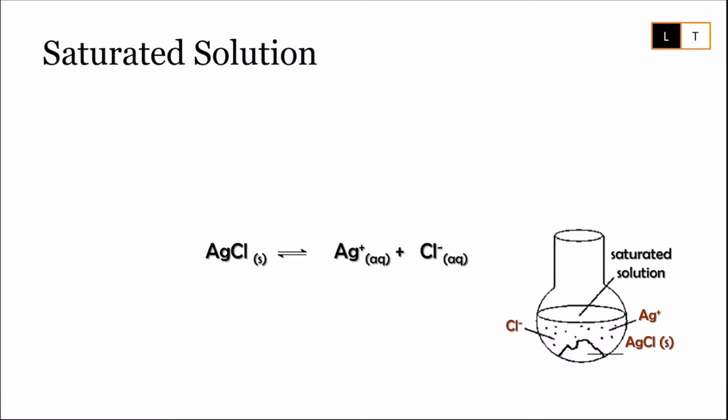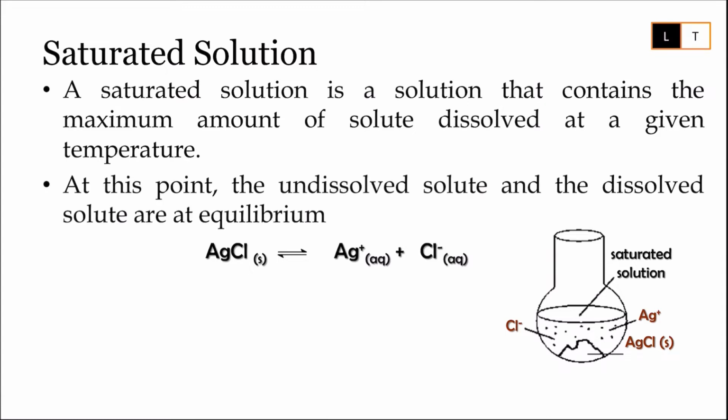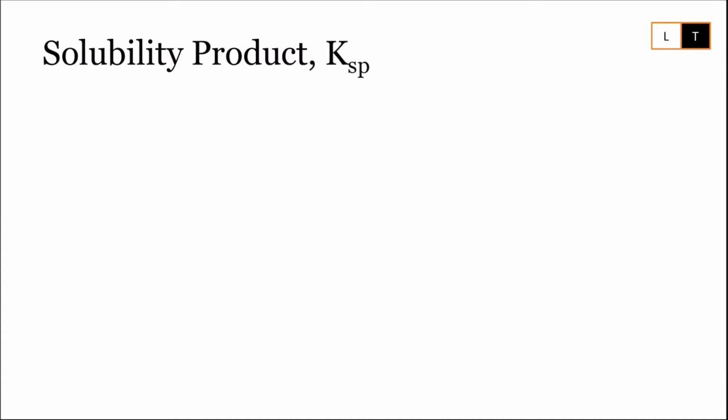So dalam erti kata lain, ayat yang cantik sikit untuk definition saturated solution adalah solution that contains maximum amount of solute dissolved at a given temperature. And then at this point, awak akan nampak undissolved solute dengan dissolved solute berada dalam keadaan yang stabil, iaitu at equilibrium. So kita akan relate dengan solubility product.